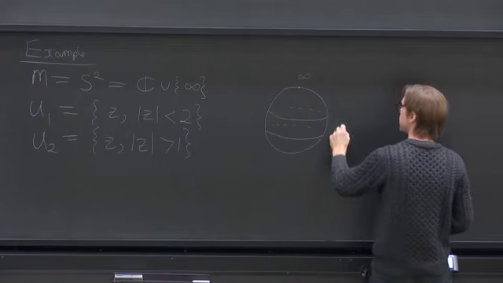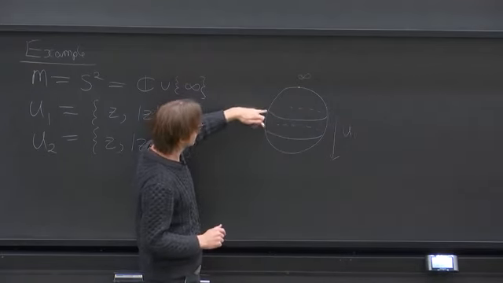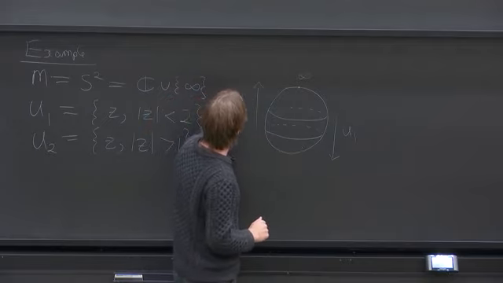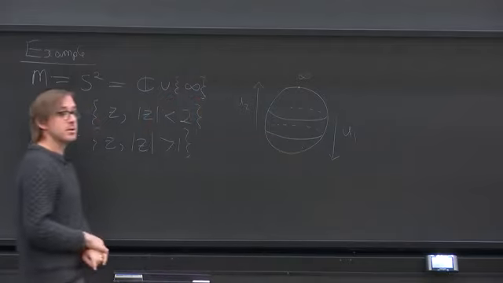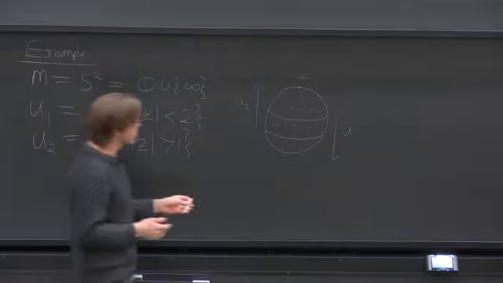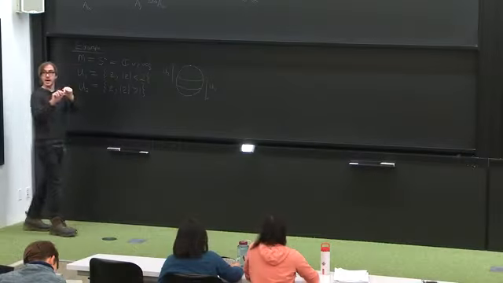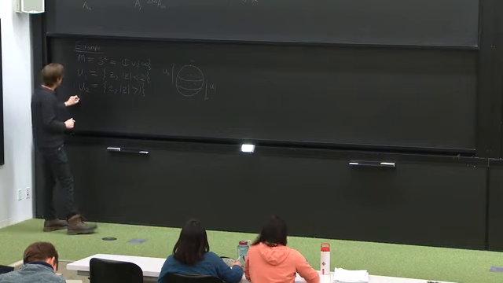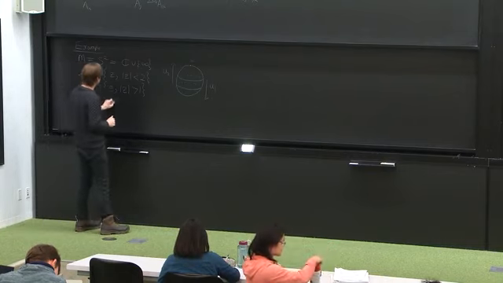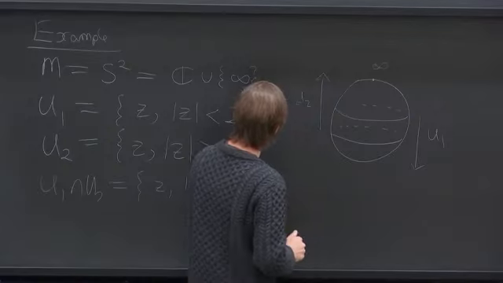Everything below this tropic is U1, and everything above this one is U2. So clearly, the region they have in common is this region near the equator, which forms an annulus, a little band. So U1 intersection U2 is the set of z where 1 is less than |z| is less than 2.